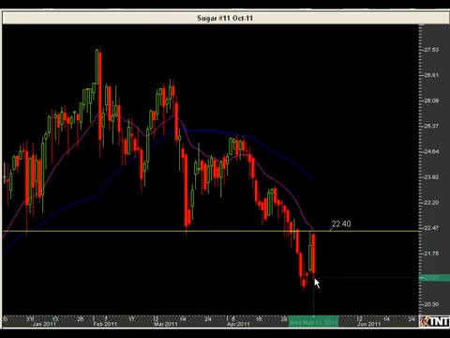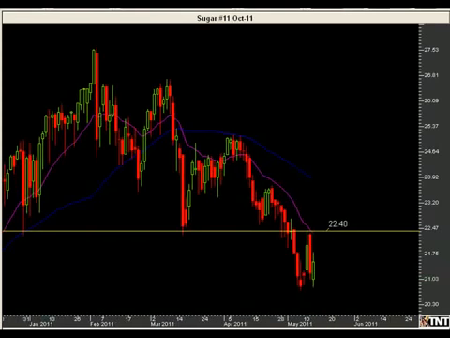Everything is suggesting that perhaps the market will head lower from here. But of course it did not, because the very next bar it came back with support. So here's the bad news. The bad news is that every once in a while you will get caught on a move like this, and there's really not too much you can do about it.